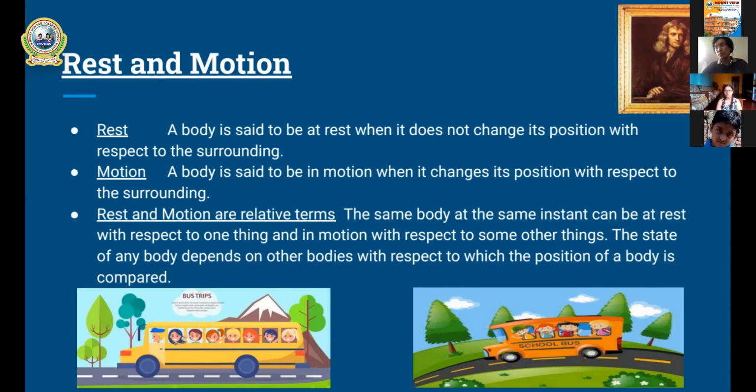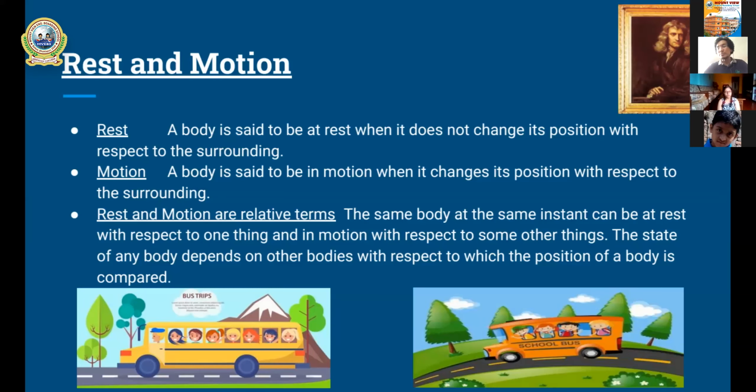But when we see the passengers with respect to the outer surrounding, which can be a road or trees, or a cloud or sky, you can say that the passengers are in motion. So passengers with respect to the bus are at rest, but the same passengers with respect to the outer surrounding, meaning trees, roads, are in motion.